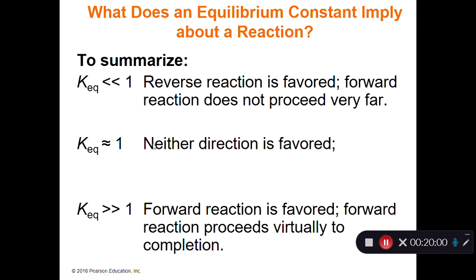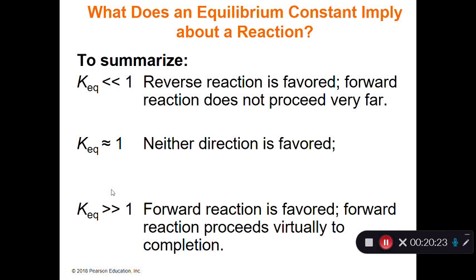If the equilibrium constant is smaller than 1, it means we have more reactants. It means the reverse reaction is favored by the system. I'm going to talk about this terminology a little bit later, but the reactant side is favored, more reactants.